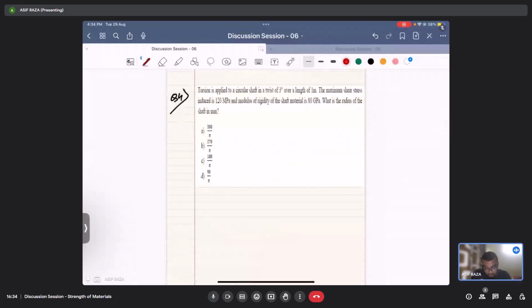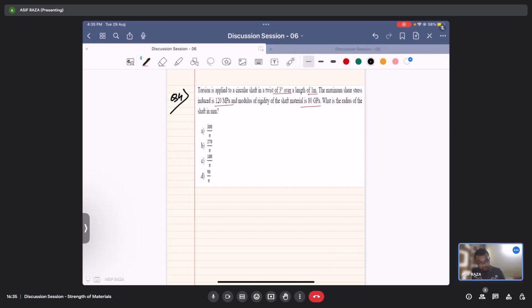The question is, torsion is applied to a circular shaft in a twist of 3 degrees over a length of 1 meter. The maximum shear stress induced is 120 megapascal, and modulus of rigidity of the shaft is 80 gigapascal. What is the radius of the shaft in mm?